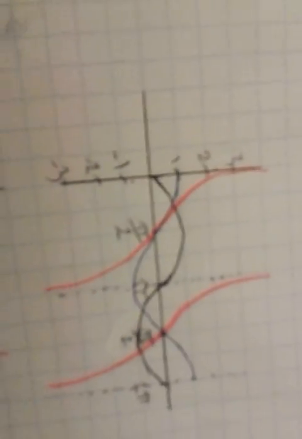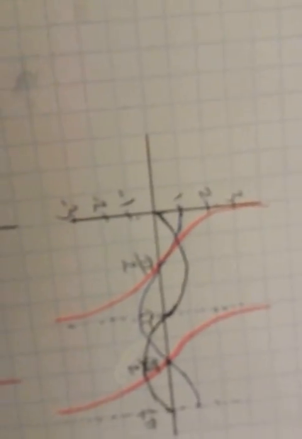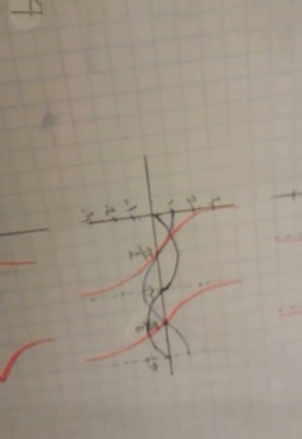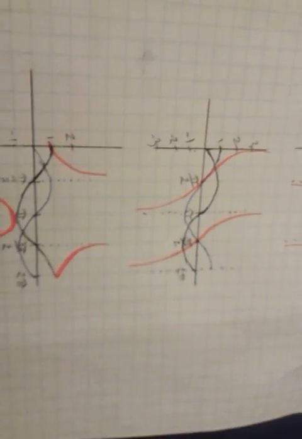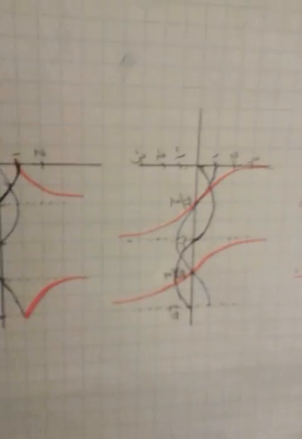Also, like tangent, it has a period of pi, and it follows a straight curved line following the asymptotes.